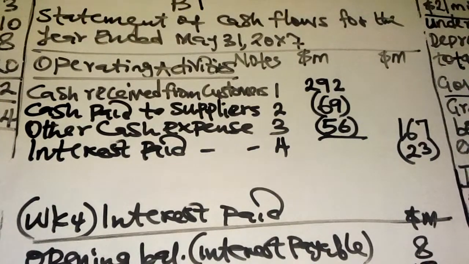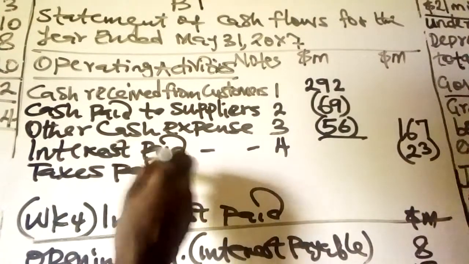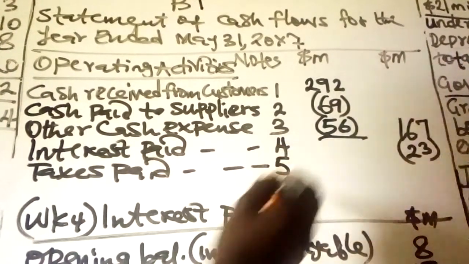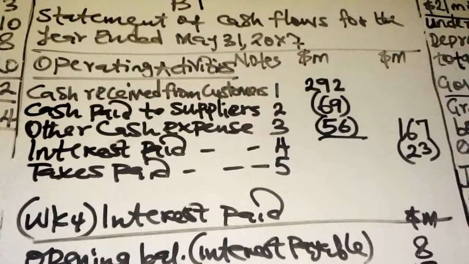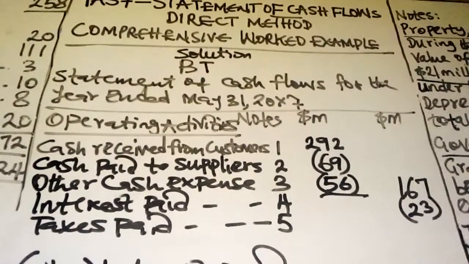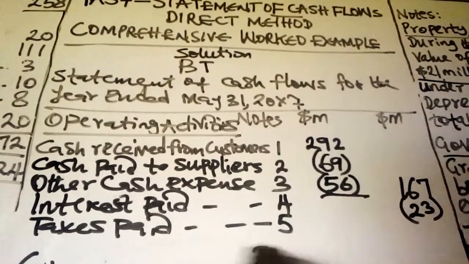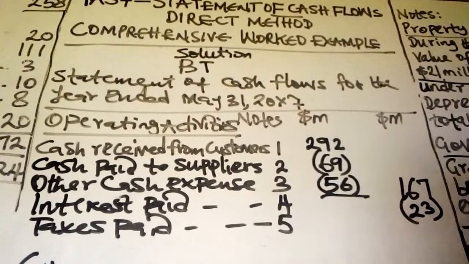Then the next thing is taxes paid. Let's have that as note 5. I've told you that tax information will be obtained in the statement of financial position under current liability, and at the same time under non-current liability.